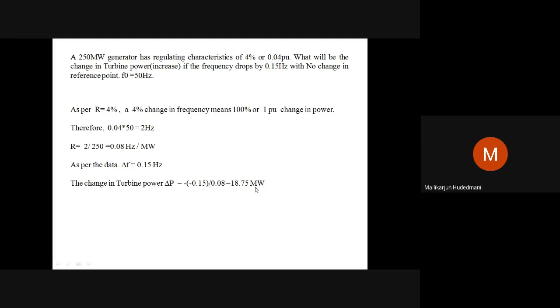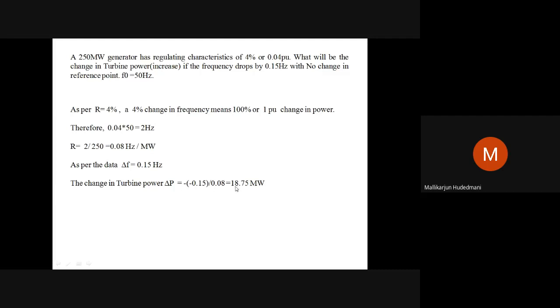So this is another simple example in a single generator area. If there is a change in load where the frequency has dropped, how much does the generator governor need to do, or how much is the set point change if the governor is not going to act and only the set point has to act? This is the power increment we are finding.